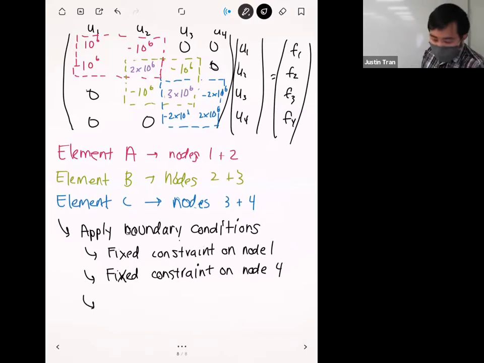And then our last boundary condition is a load of 3,000 pounds applied on node 2.